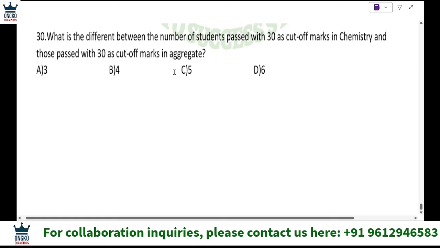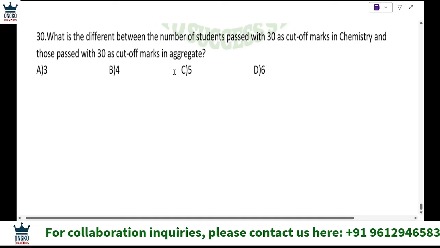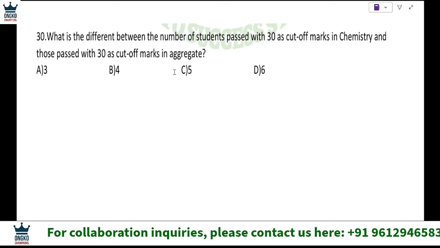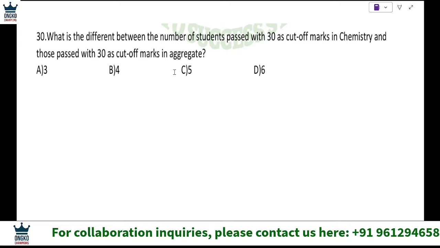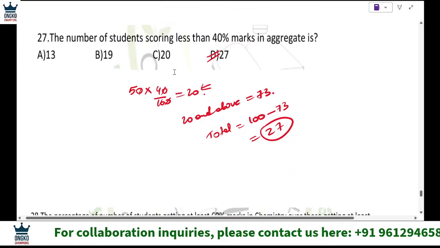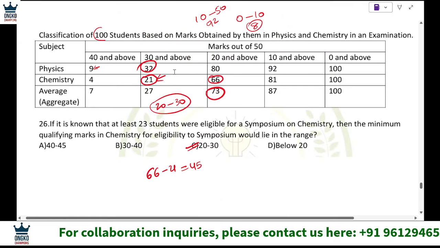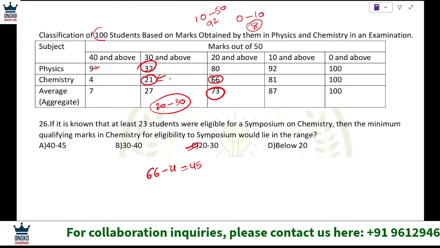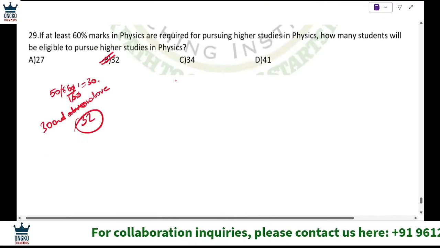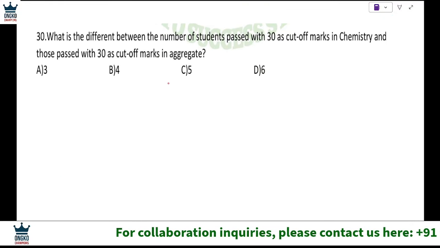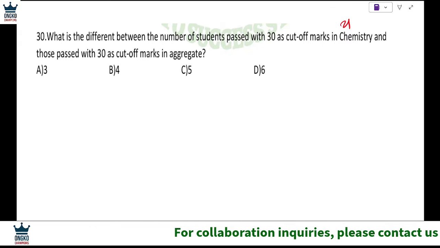What is the difference between the number of students passed with 30 as cutoff marks in chemistry and aggregate? If 30 is the pass mark for chemistry, 30 and above in chemistry is 21.